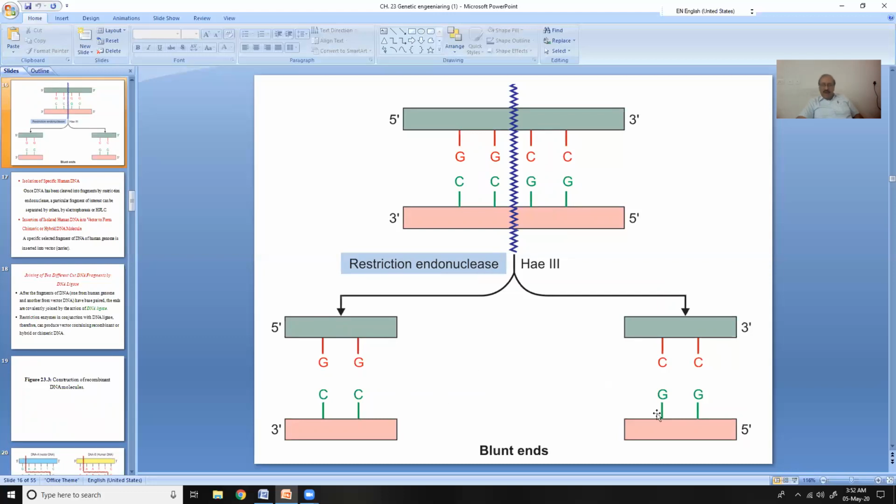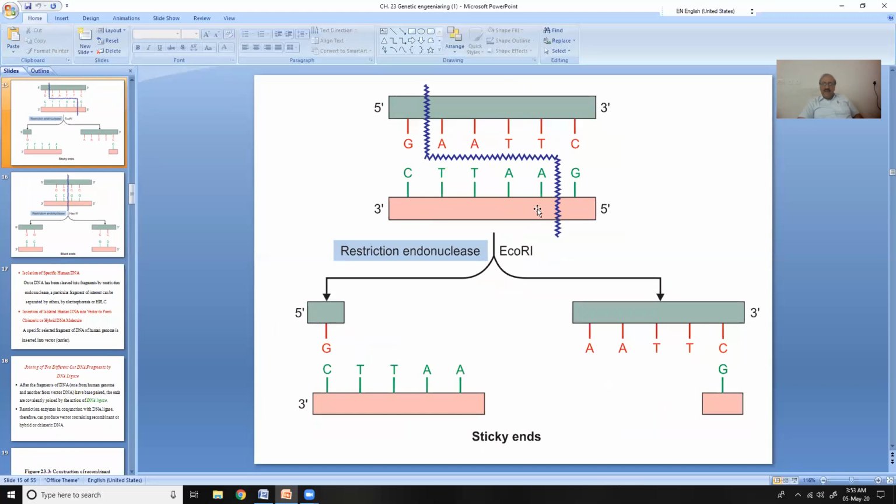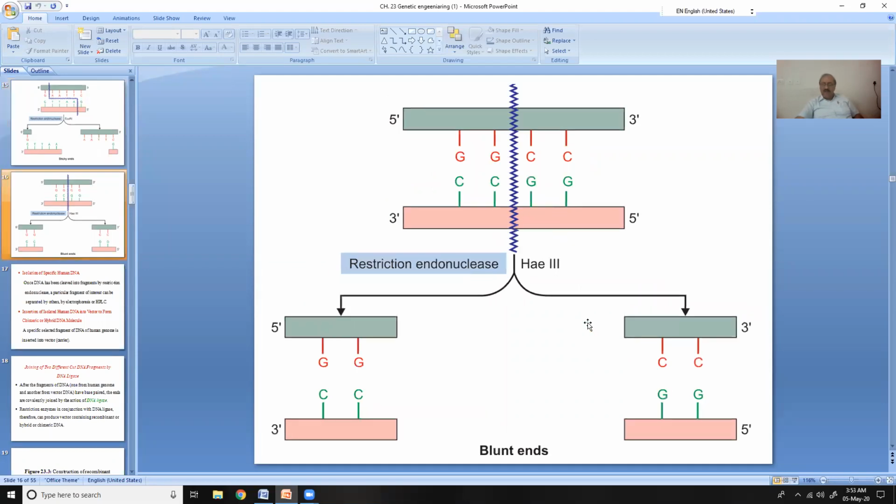They all are occupied, so we are getting blunt ends. Got it? By EcoRI we are getting sticky ends, where unpaired bases are there. And if there is no unpaired base, then we are getting blunt ends.